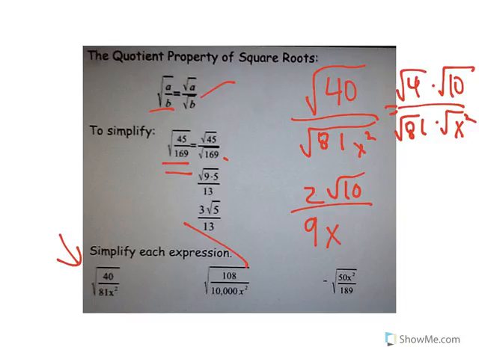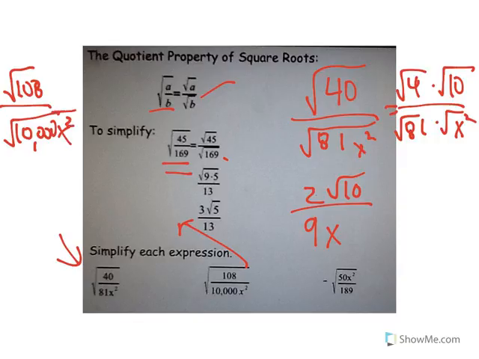I'm going to do this one over here. So now it's the square root of 108 over the square root of 10,000 over x squared. Now 108 breaks down into perfect squares if you go ahead and break it down into 9 and 12.